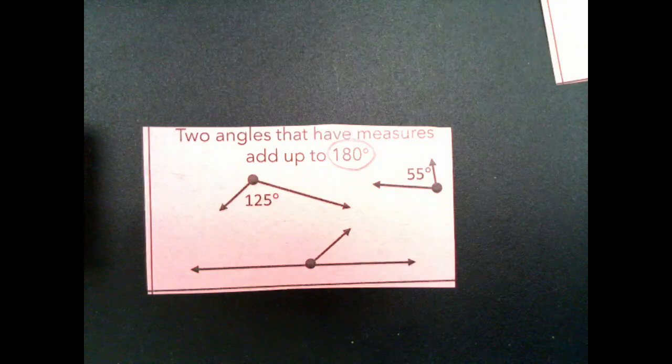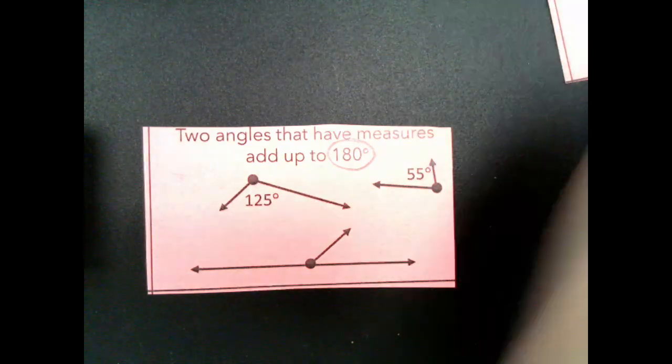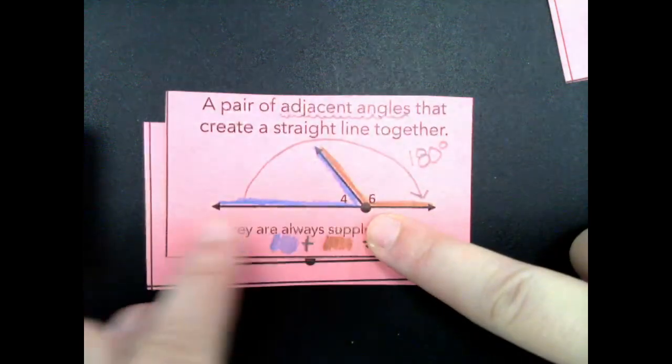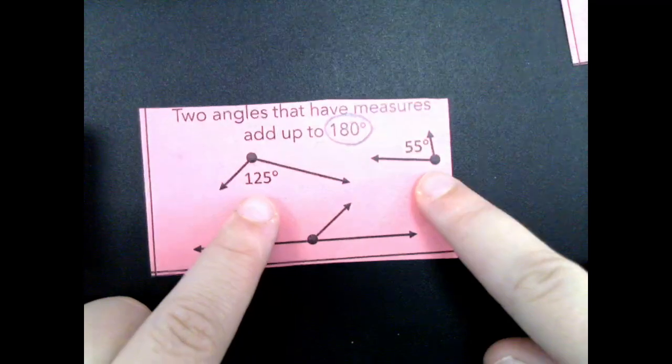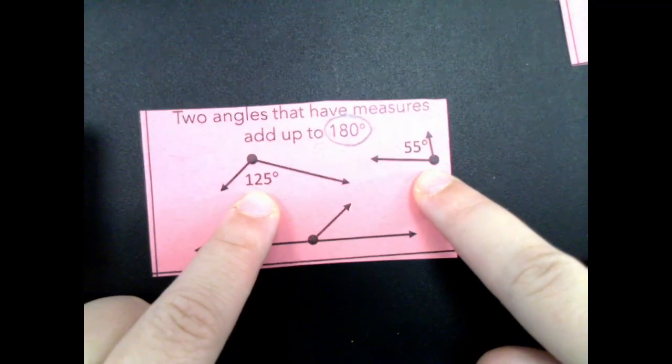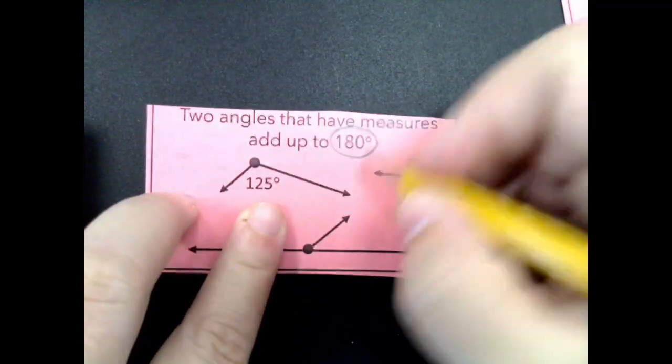So supplementary angles don't have to be next to each other. They can be next to each other. If they are next to each other, they make a straight line. If they're not next to each other, that's okay. Do these angles still add up to 180? Yeah, what's 125 plus 55?